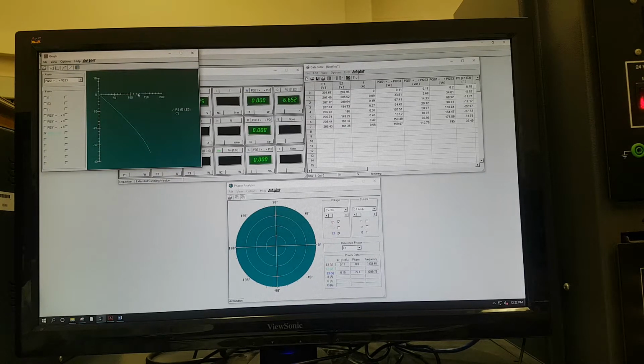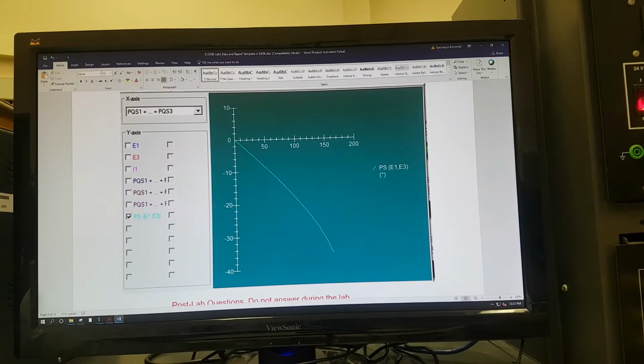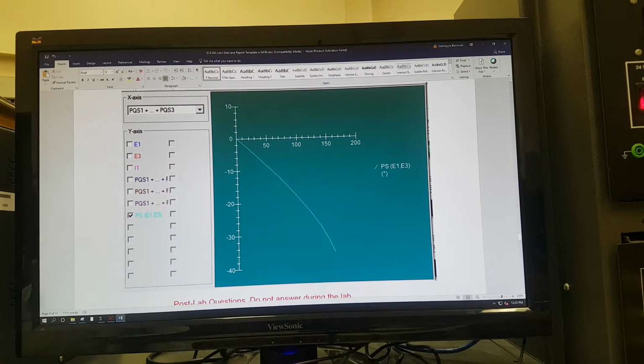As the power increases, the angle is linearly increasing, kind of, but there is also some curve there. So that is the curve. Let me copy and paste it. So that is copied, the power versus the angle here.